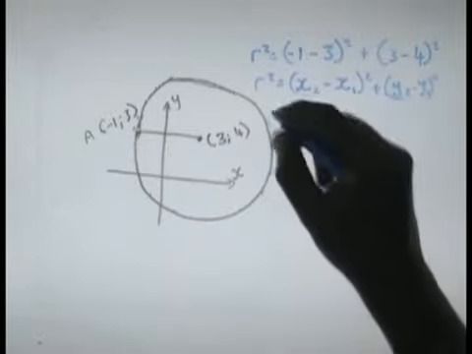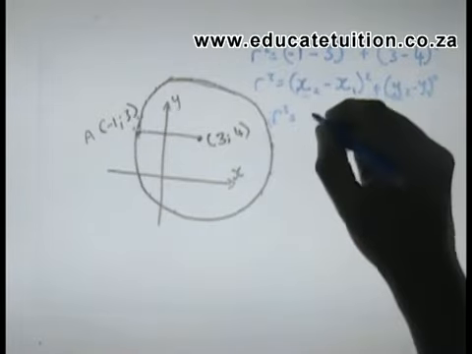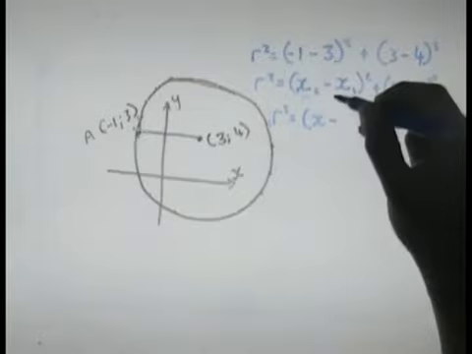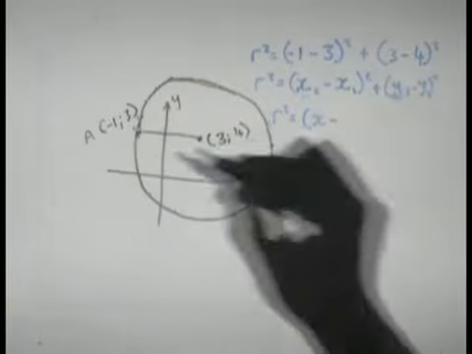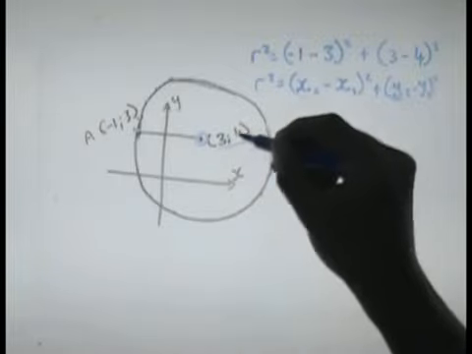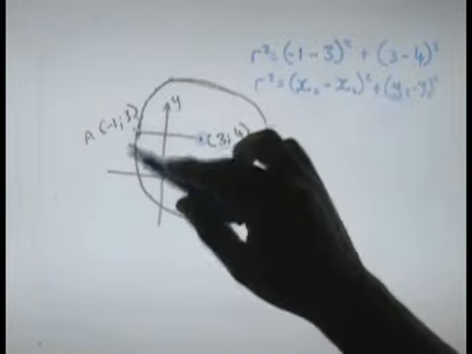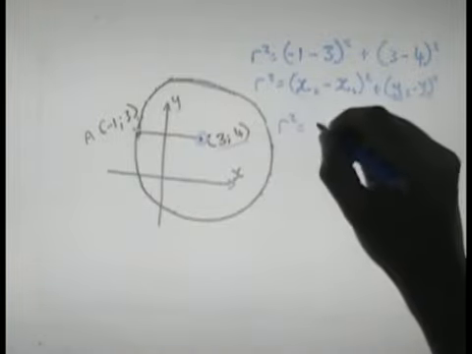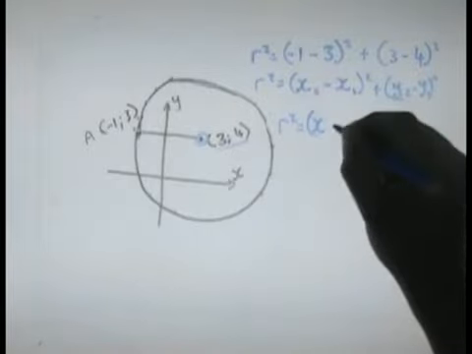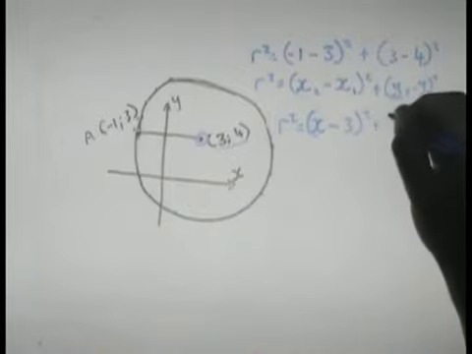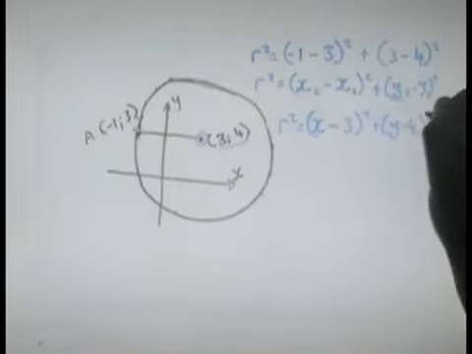That means that r squared is going to equal any x minus, if I'm rotating my radius, am I changing my center of the circle? No, I'm not. My center of the circle is still staying 3 and 4. But x and y are going to change continuously. That means that r squared is going to equal x minus 3 squared plus y minus 4 squared.